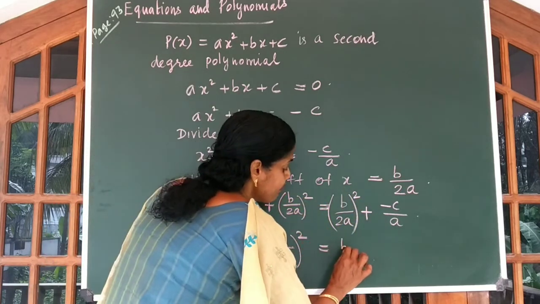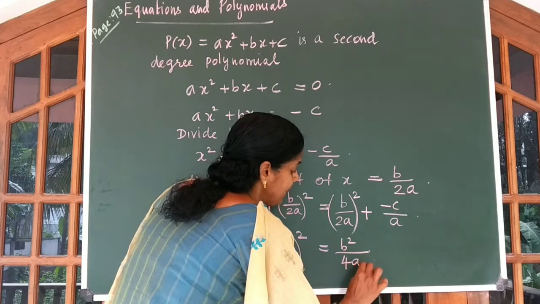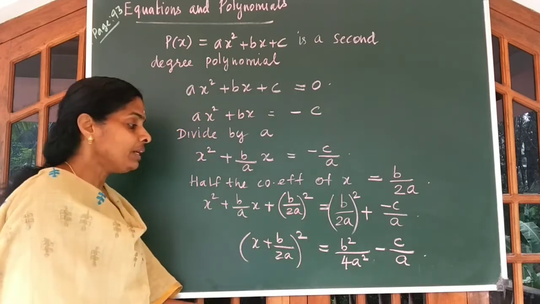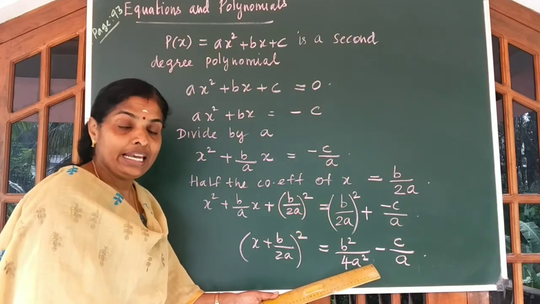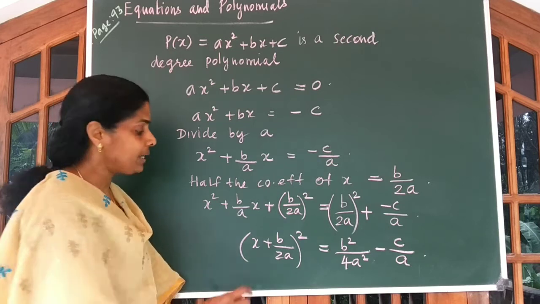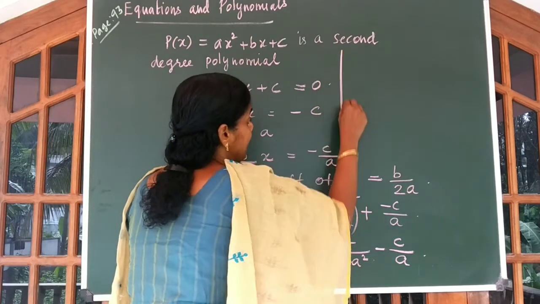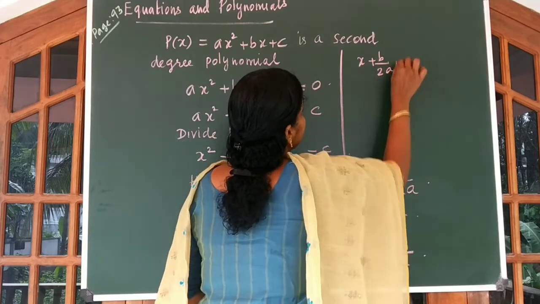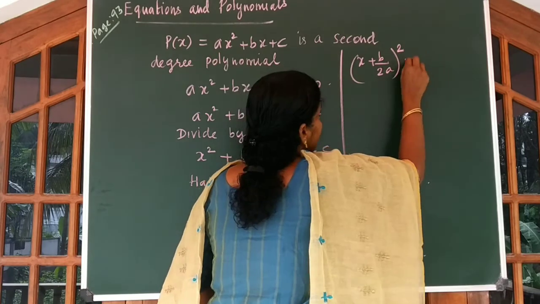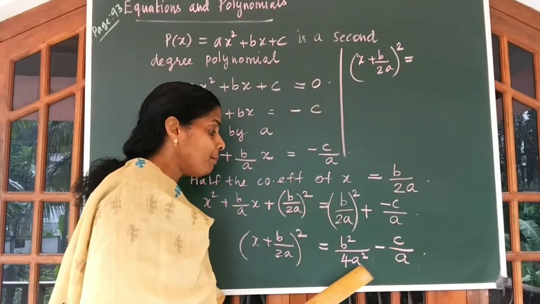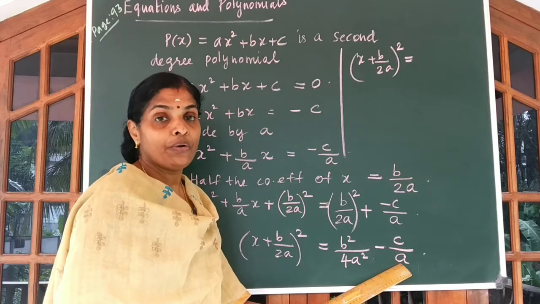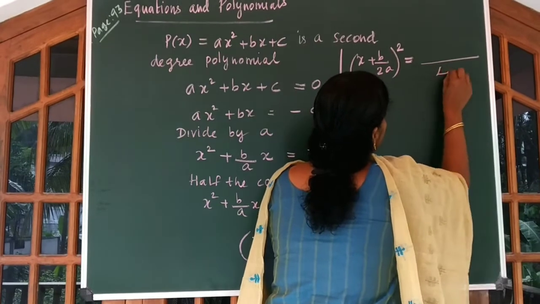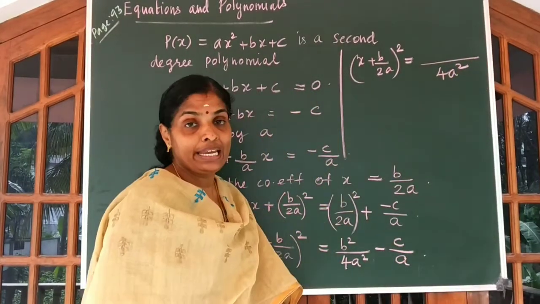We will get b square by 4a square minus c by a. Now let us simplify the right hand side of the equation. Then you will be able to write x plus b by 2a the whole square is equal to, take the common denominator as 4a square.